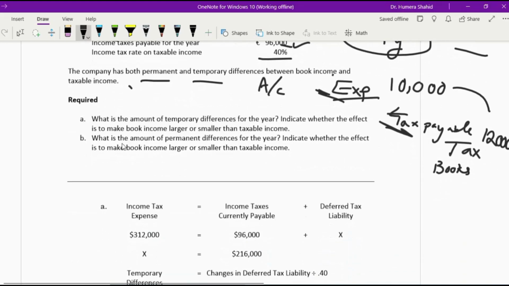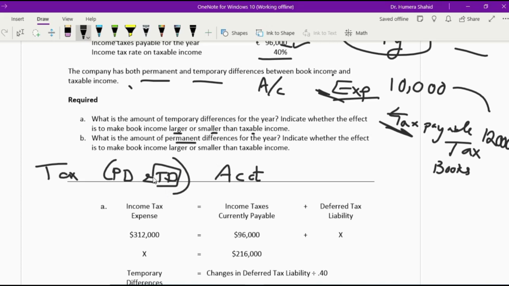Look at point number 1. What is the amount of the temporary difference for the year? And also we need to indicate whether it makes the book income larger or smaller than the taxable income, meaning tax income. And point number B is asking about the permanent differences. Do remember, the tax expense in the tax books and accounting books are different because of the permanent differences and temporary differences.